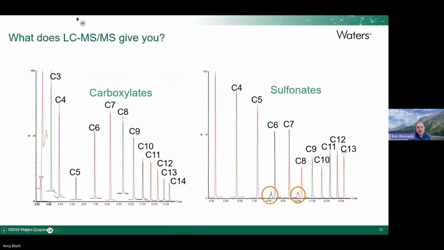In the end, this is what it gives you: a peak in the chromatogram. On the left are carboxylates, on the right sulfonates, and of course there are other PFAS, but I'm trying to limit what we show here. The peaks come out, they've all been separated on that LC column, and the mass spec has detected them, and then each peak gets translated to a concentration based on your calibration curve.